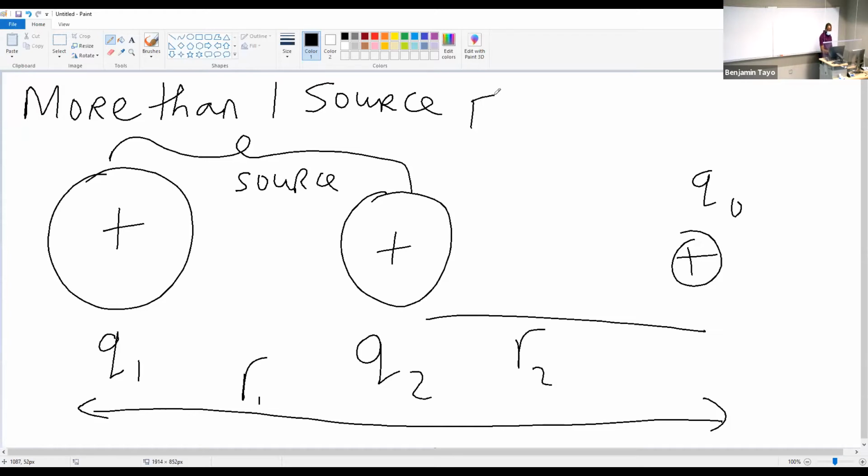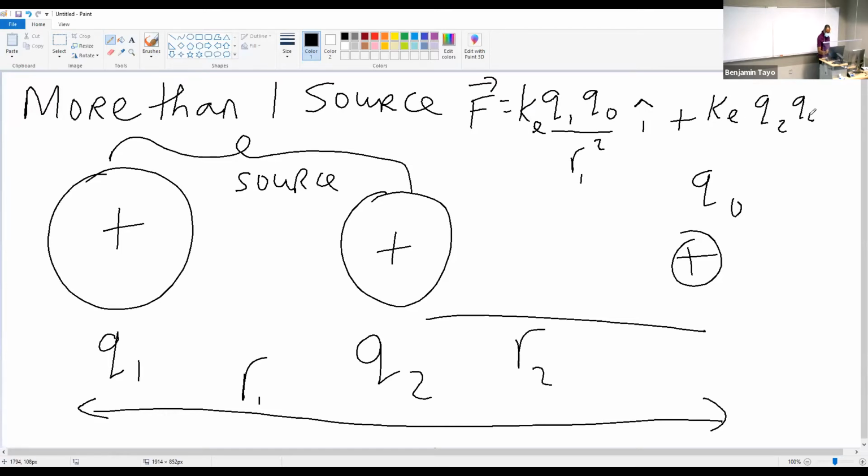The total force on my test charge is going to be equal to KE Q1 Q naught over R1 squared, and this will be in the I hat direction, plus KE Q2 Q naught over R2 squared, and this will also be in the I hat direction.